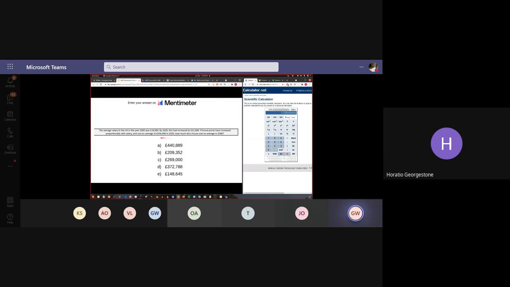And so we want to divide the final amount, 256,000, by that amount, and that gives us the initial amount, which is 148,645. If any of these individual skills that I'm using, like percentage increase and so on, are unfamiliar to you, then just go back over the stuff from the previous lessons, question packs, notes, rewatch the recordings, etc.